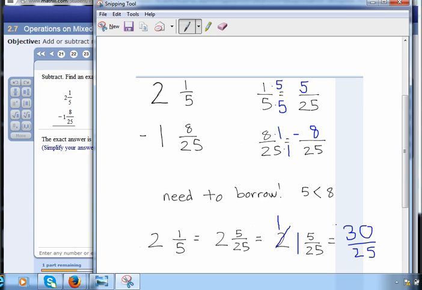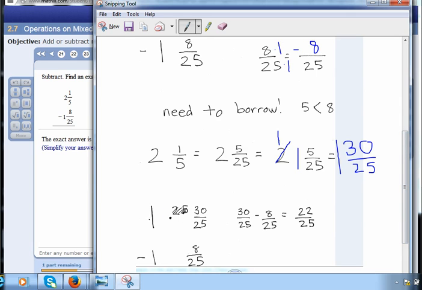So 2 and 1/5 is equal to 1 and 30/25. I've borrowed the 1 from 2 to make it 1 and 5/25, and so that I can subtract, I change this mixed number, which has the 1 that I borrowed from the 2, into an improper fraction.